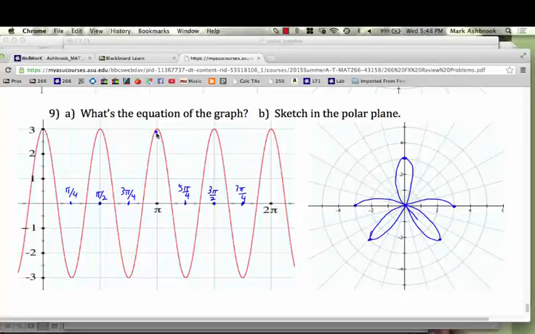Now from pi, it's going to go again from 3 to -3 by the time it gets to 5 pi over 4, which is here. So we got another one of these. At 5 pi over 4, we're at negative 3. And then by the time it gets to 3 halves pi, we're going to be back at positive 3, which is here.